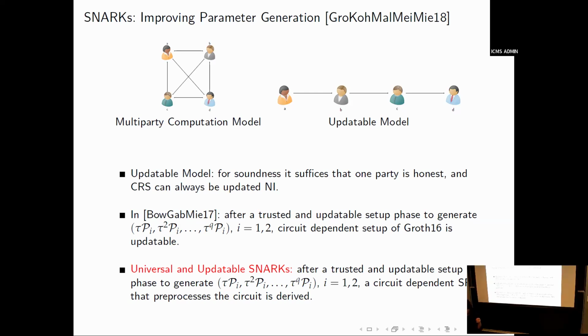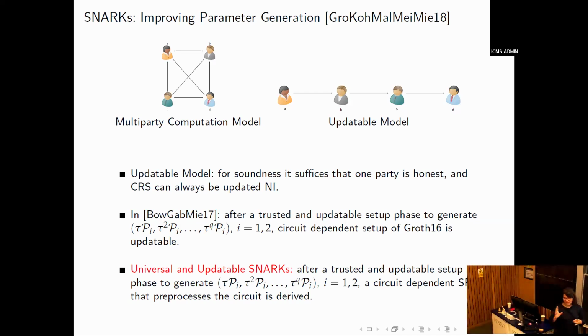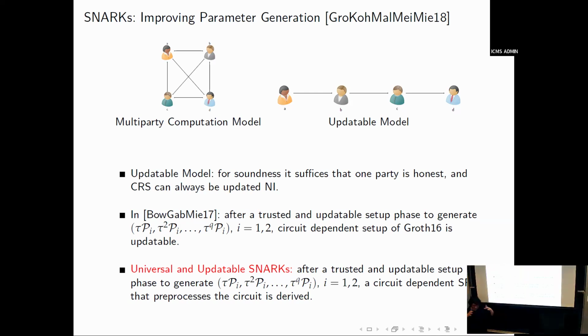They have larger proof size, not very much larger, they're still constant, but they have some extra group elements. But people are willing to accept this kind of blow up in the proof size because the setup is really something that's quite annoying for Groth16.